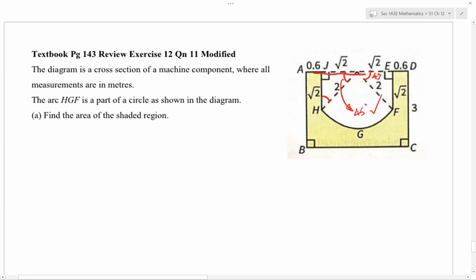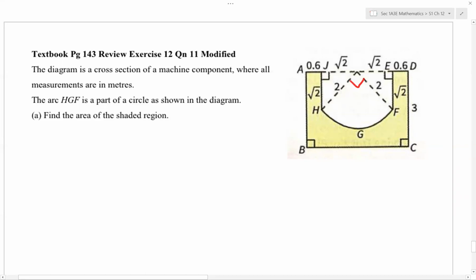And we have adjacent angles on a straight line, which must add up to 180. So in short, 180 minus 45 minus 45 gives us 90 degrees over here. That is how we determine that it is 90. Not by, it looks like 90, so I'm going to think that it's 90. No, it doesn't work that way. So now we have proven that it is 90.